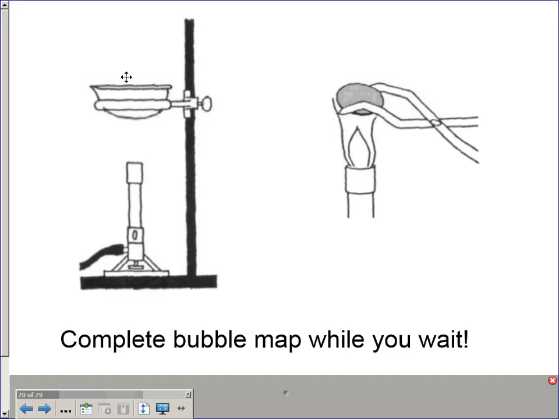Seven to 10. I said 10 to 15, you've got to listen earlier, because the longer the better.